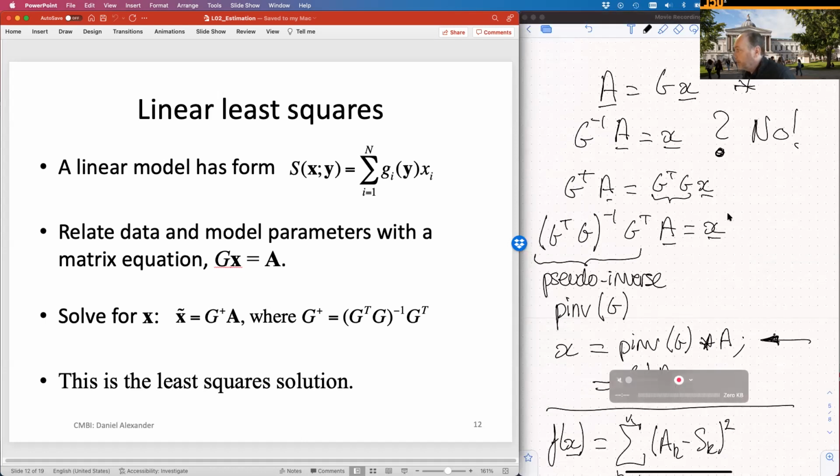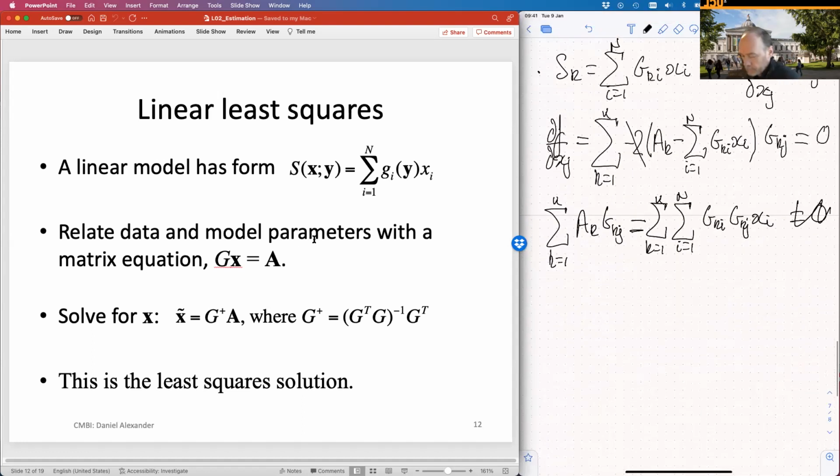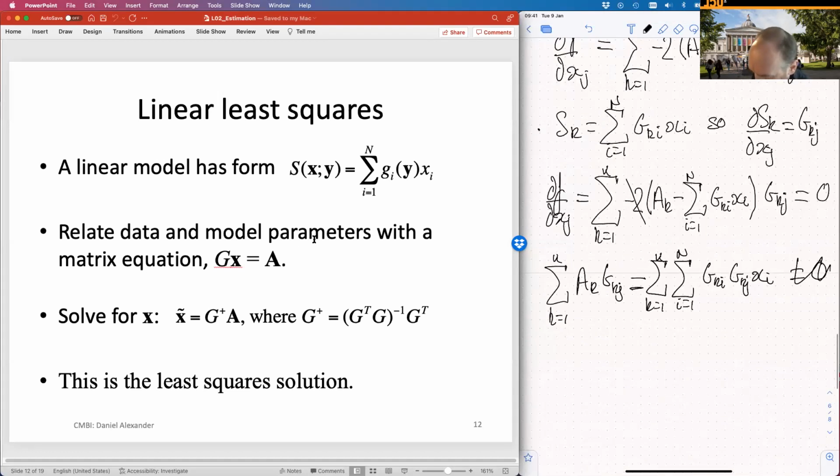This one here. Let me write that again down at the bottom. So that was G transpose A equals G transpose G of X. And I hope you can convince yourselves, if you look carefully at this, that this equation here is just one row, the j'th row of this matrix equation that I've written here.